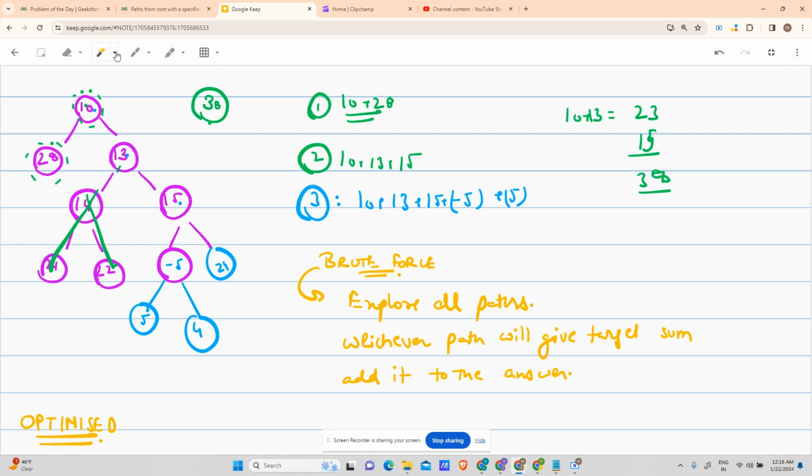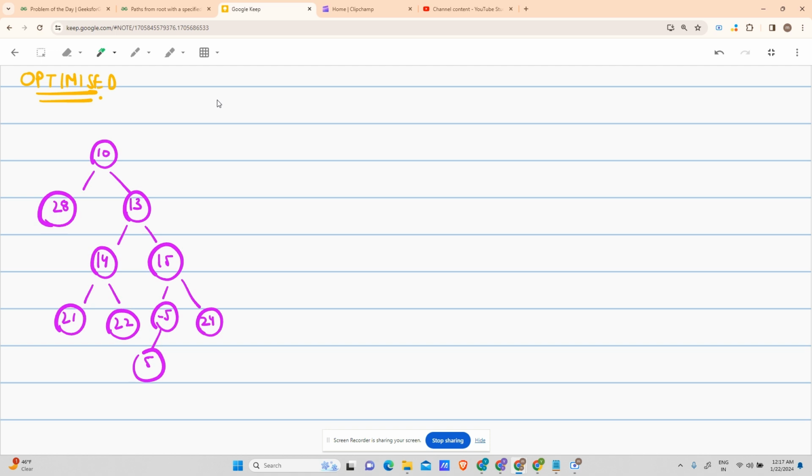So let me make the tree downwards also. Let's move on to the optimized approach, or the only approach I was able to figure out. What it would be: make a vector of int type structure and name it answer, because this will be our final answer.